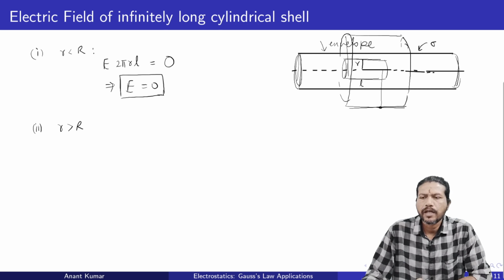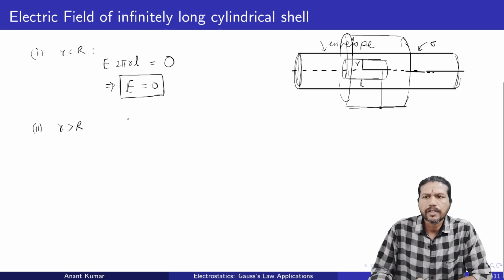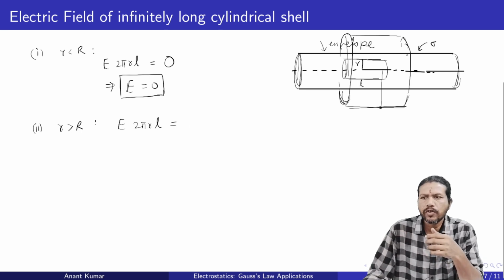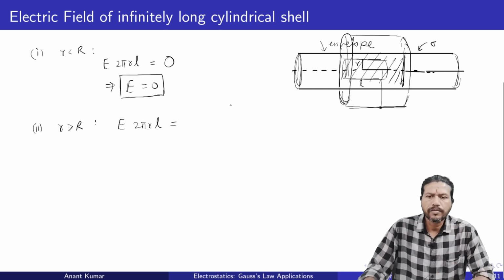The point is that the left hand side is going to be the same expression, E multiplied by 2 pi r into L, but the right side is a bit different. The right side is now the charge on this portion of the cylinder only, which is intercepted by the Gaussian surface. However, the charge is only on the surface.